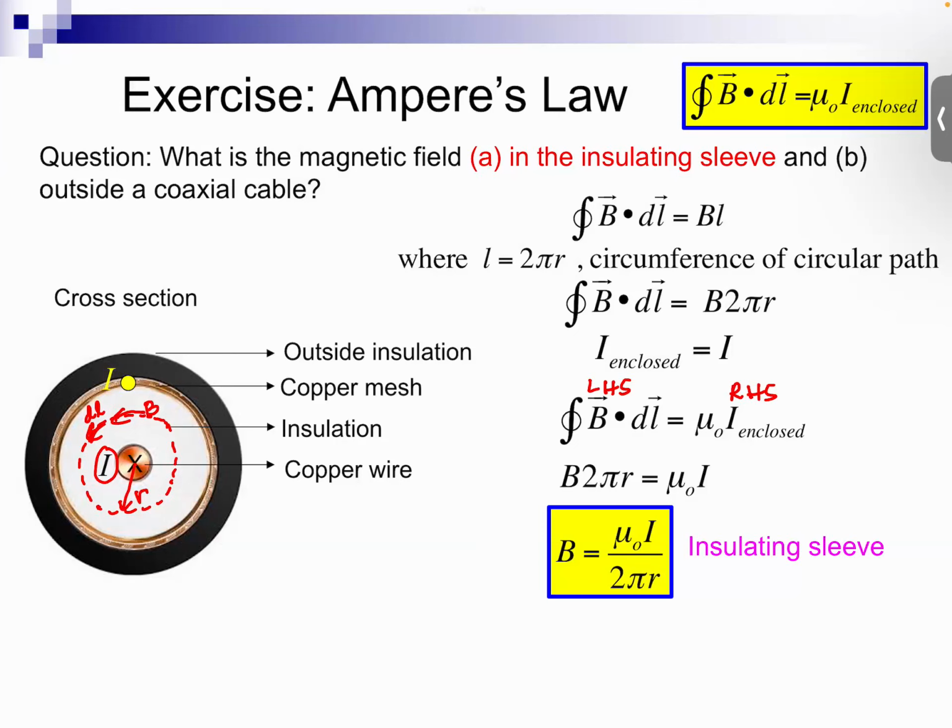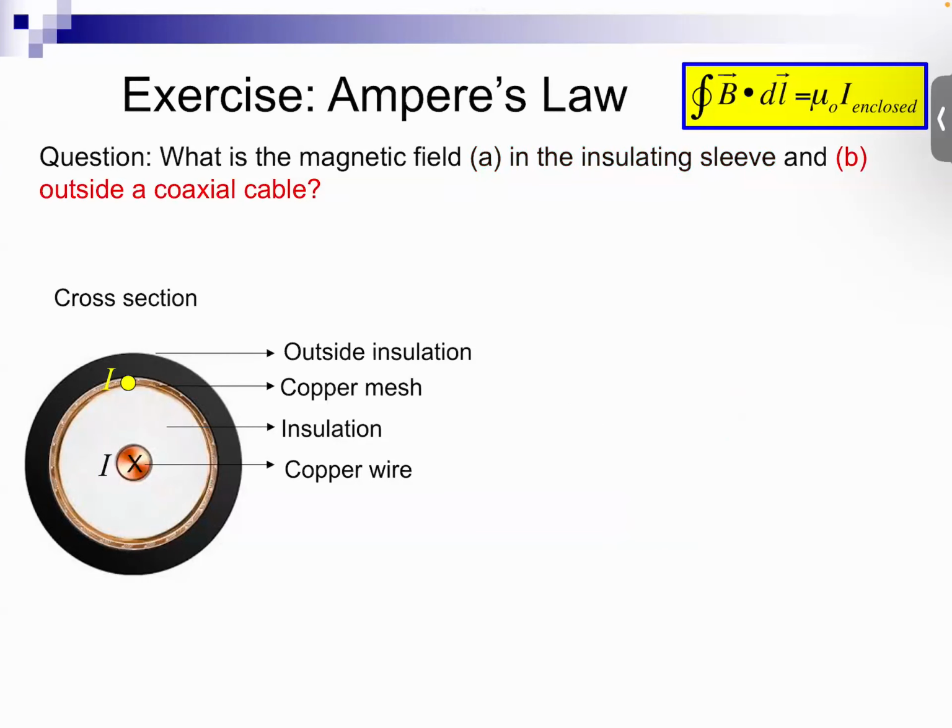We're happy with that solution. Now, next, what is the magnetic field outside of the coaxial cable? So outside, we're looking at this region here. That means if you were to evaluate the left-hand side of Ampere's law, you need to draw your integration path outside the coaxial cable, because that's where you want to find the magnetic field, right?